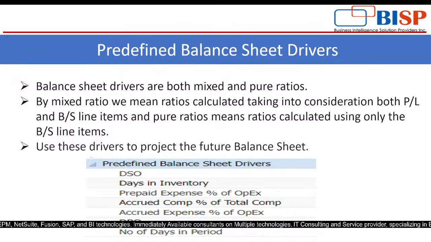Then our fifth one is accrued expenses percent of operating expenses. Then the sixth one is the DPO, which is days payable outstanding. Lastly, we have number of days in period. Now we will understand each and every predefined balance sheet driver in detail, and we will see the calculation as well.